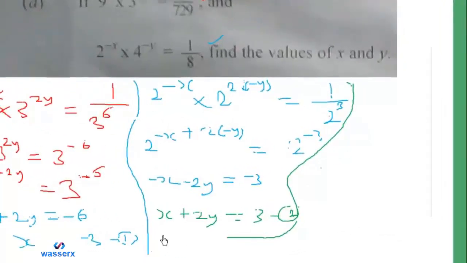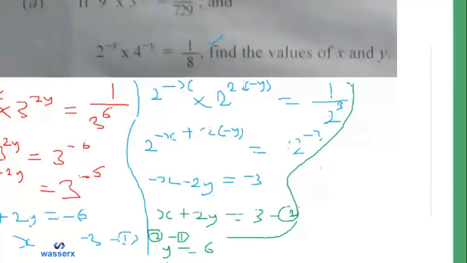So we have equation 2 minus equation 1. So this implies that x minus x will give us 0, 2y minus y will give us y, is equal to 3 minus negative 3, which will give us 6.